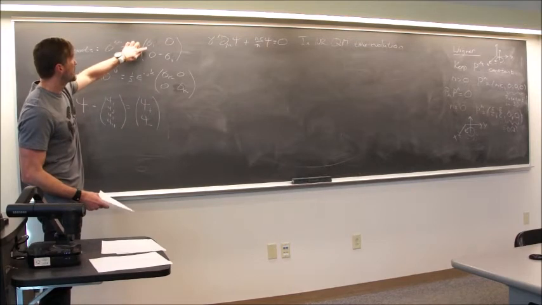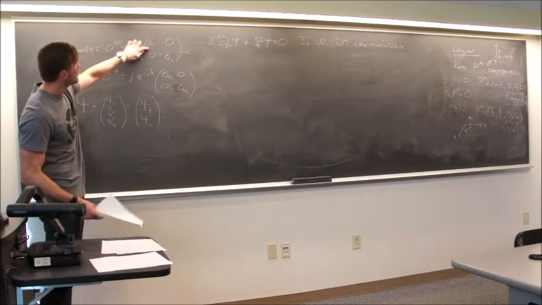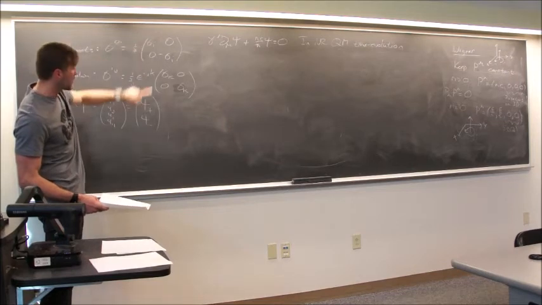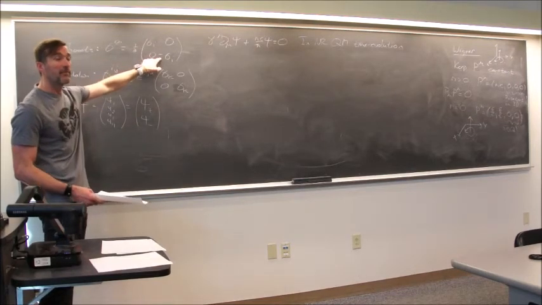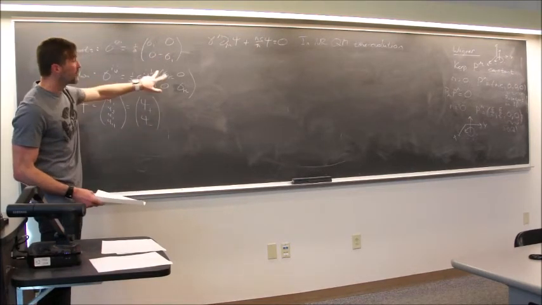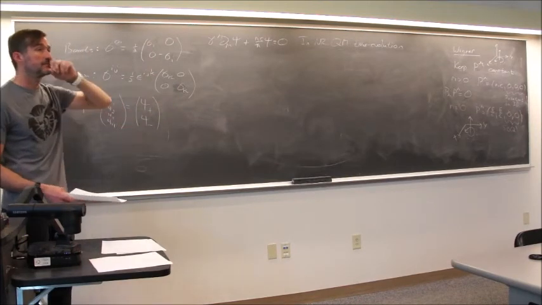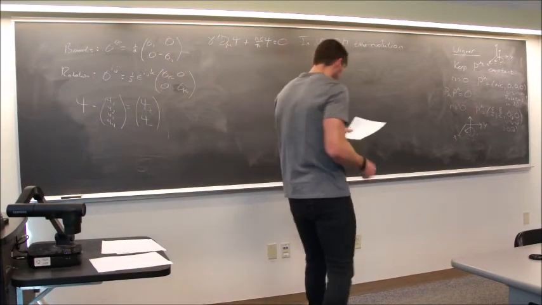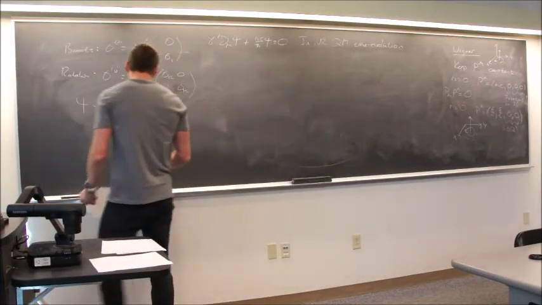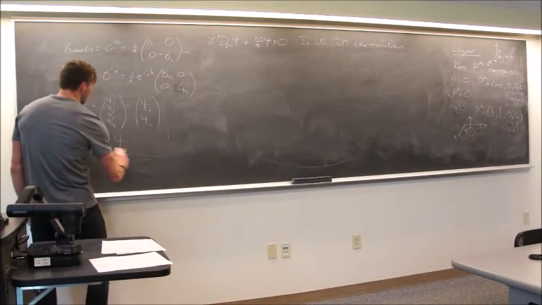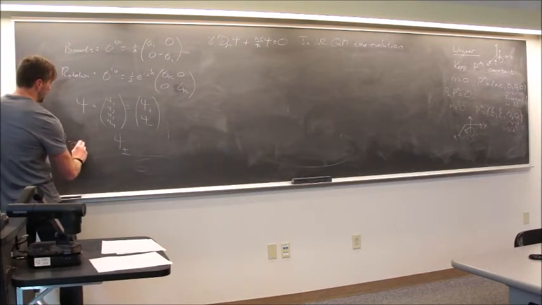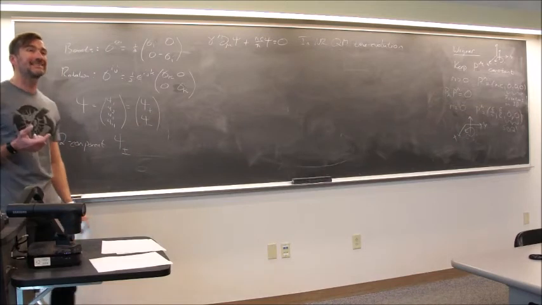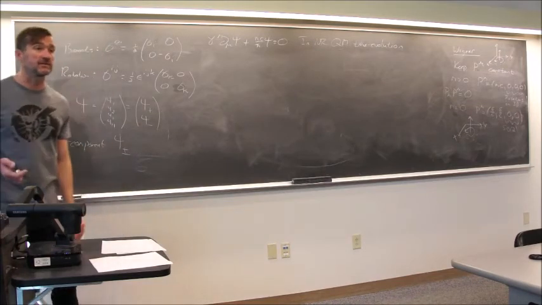Plus to remind myself that the upper two transforms under boosts with a positive sign, but the lower one transforms under boosts with the opposite sign. They both transform the same way under rotations.